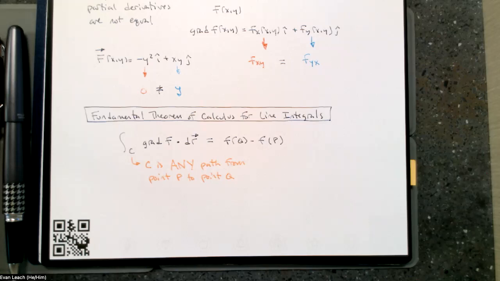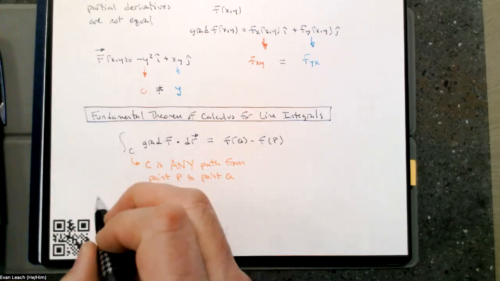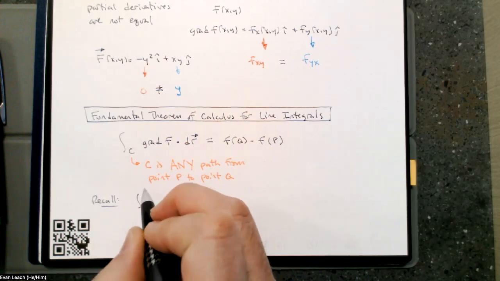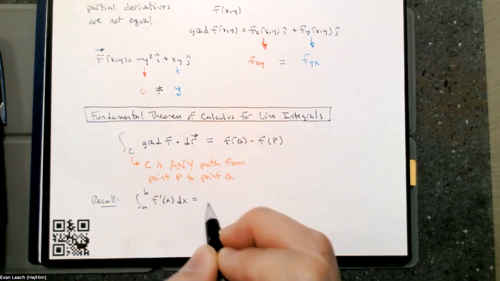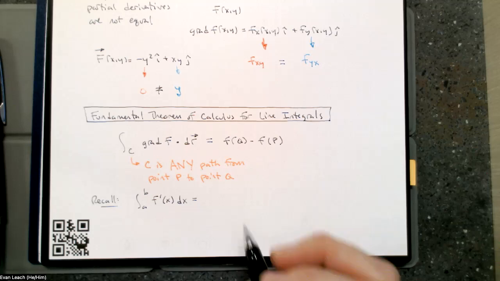Note that we called this the fundamental theorem of calculus for line integrals. And note that it has the same structure as the fundamental theorem of calculus, specifically this part of the fundamental theorem of calculus. If we integrate a derivative, if we integrate a rate of change over an interval, we get the amount of change in the function on that interval.